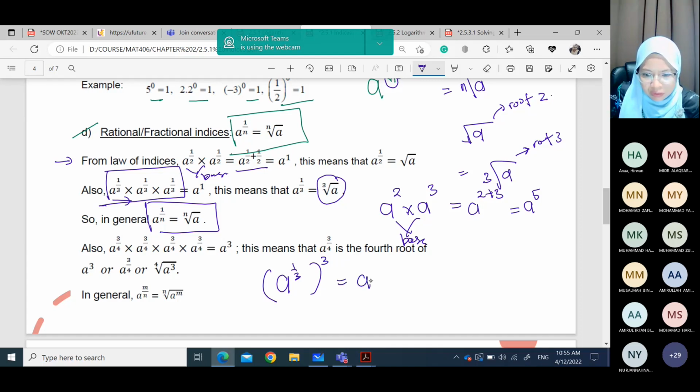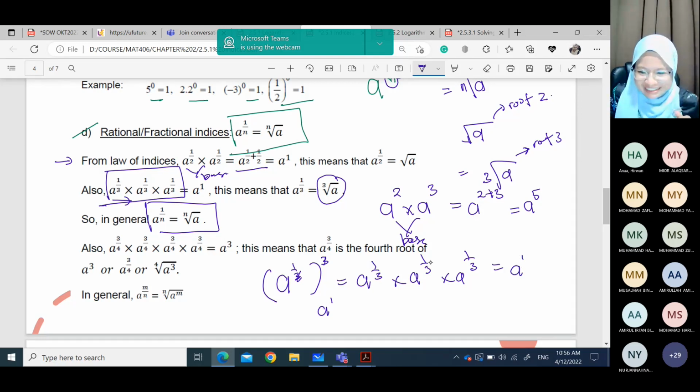Sama juga dengan A to the power of 1 over 3 times A to the power of 1 over 3 times A to the power of 1 over 3. It is equivalent with A to the power of 1 over 3 to the power of 3. Kuasa 3 sebab kita darabkan 3 kali. Alright, so ini kita boleh simplify, where 1 over 3 times 3. So yang ini you akan dapat A kuasa 1. Okay, A kuasa 1.